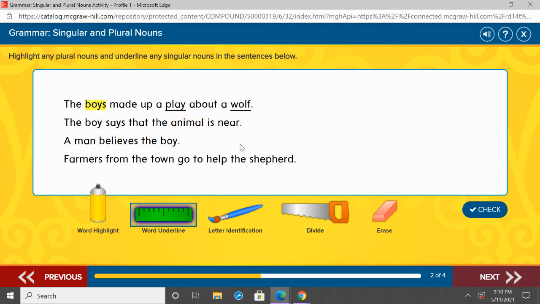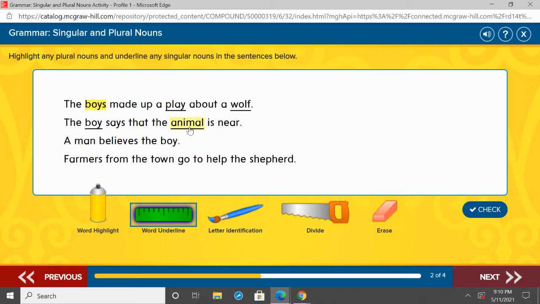All right, I want you to yell out yes or no. Are there any plural nouns in this sentence? Go ahead, let me hear it. No, there's not any plural nouns. We only have singular nouns, only talking about one. So go ahead and point to the two singular nouns in this sentence. So we have boy and animal, only talking about one boy and only talking about one animal.